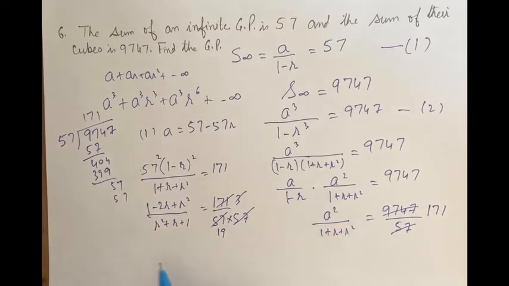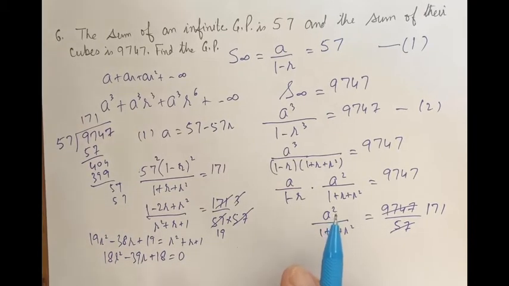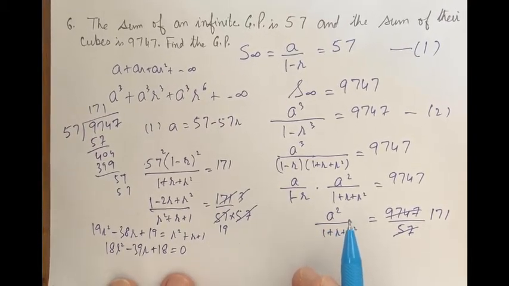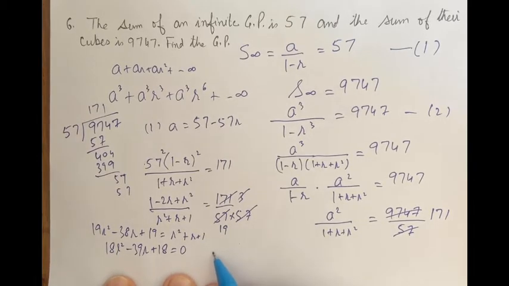Next we cross multiply. This is 19r square minus 38r plus 19. This is equal to r square plus r plus 1. Or 18r square minus 39r plus 18, this is equal to 0. This gives us r equals, we use the quadratic formula, minus b plus minus root of b square. So this is 39 square, (40 minus 1) whole square. This will be a square plus b square minus 2ab.